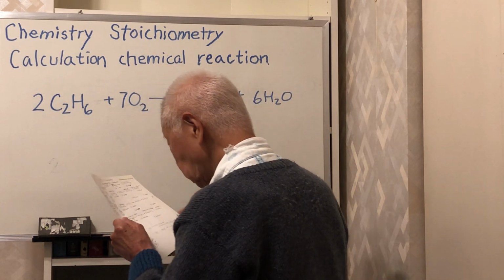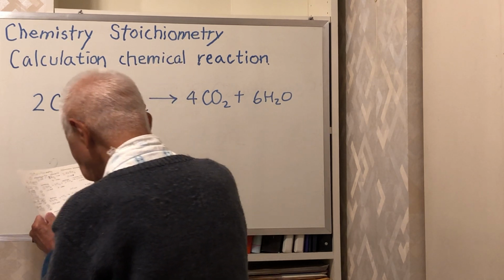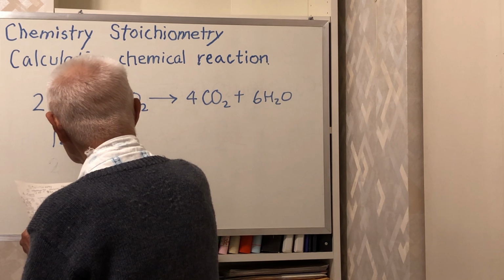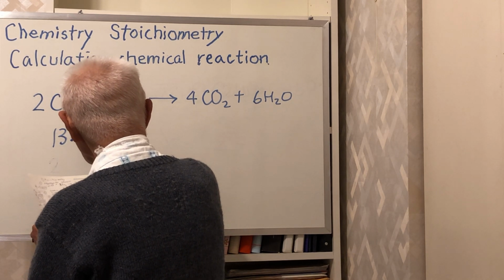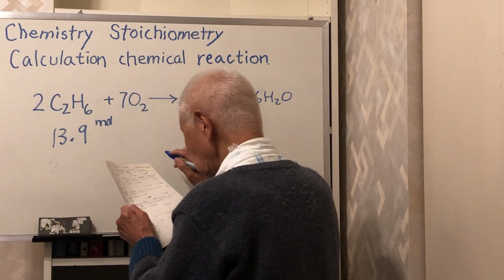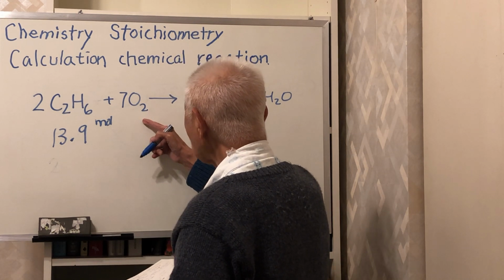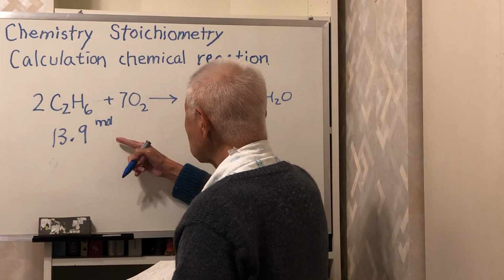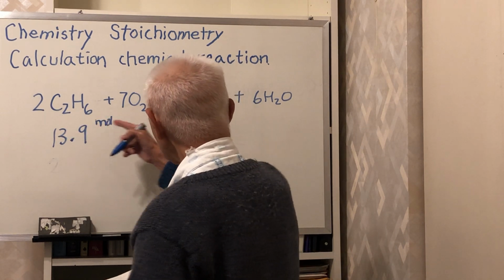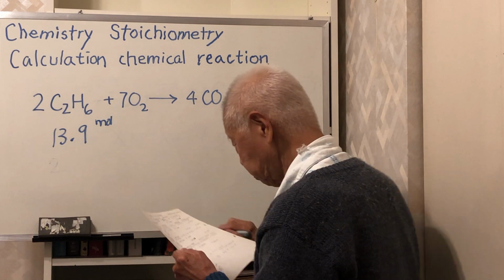We have 13.9 moles of ethane. And I want to find how many moles of oxygen can react completely with this much to produce carbon dioxide and water.